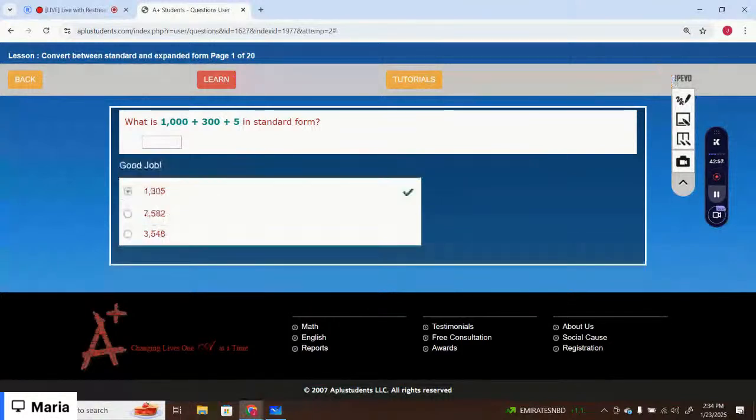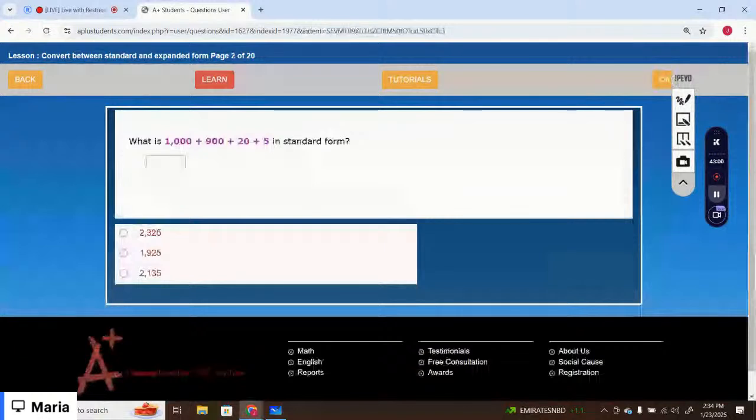That is the standard form. What is 1000 plus 900 plus 20 plus 5?